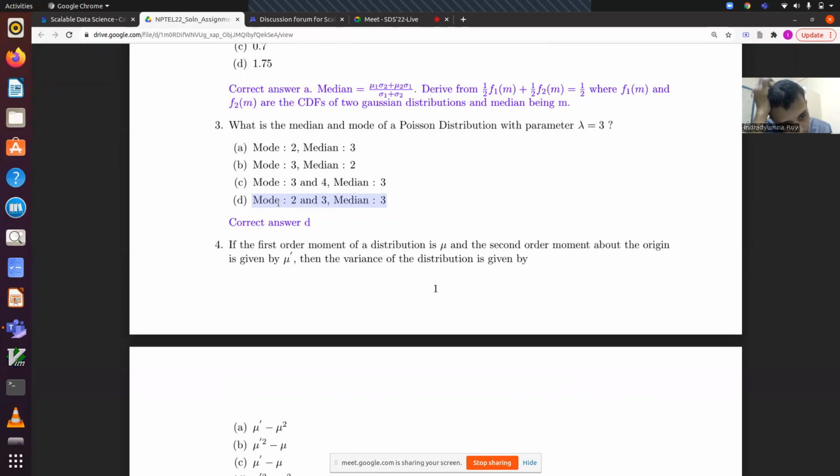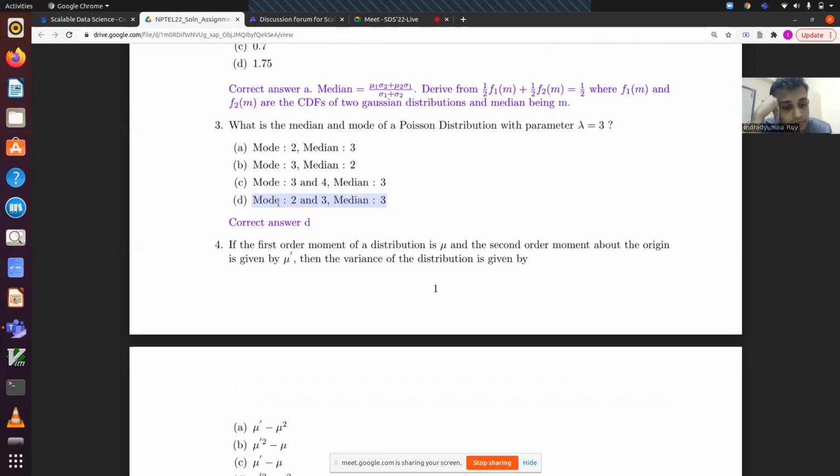So 3 squared into e to the power minus 3 by 2 factorial, right? For x equals 3, you are getting 3 cubed e to the power minus 3 by 3 factorial. Are you writing these values down? It's important to write it down so that you can visualize it.